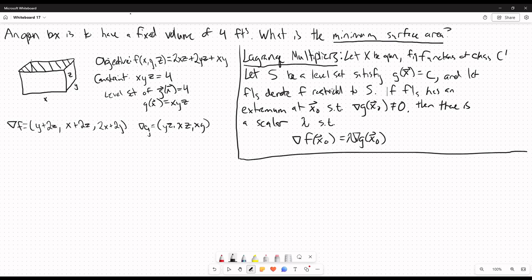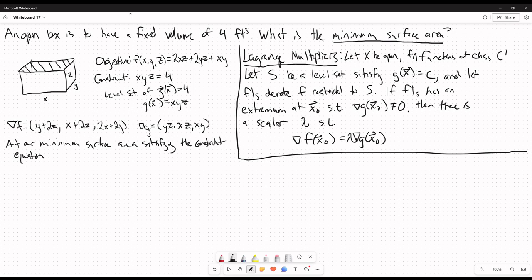So if you look at what this is telling us, at an extreme value, so at our minimum surface area, satisfying the constraint equation, that's basically saying f restricted to S is minimized.